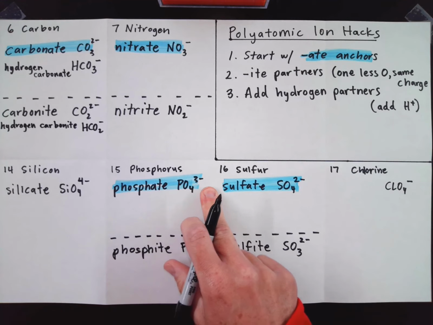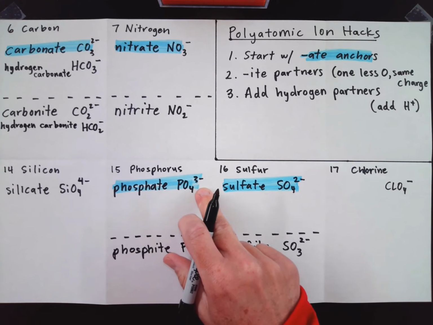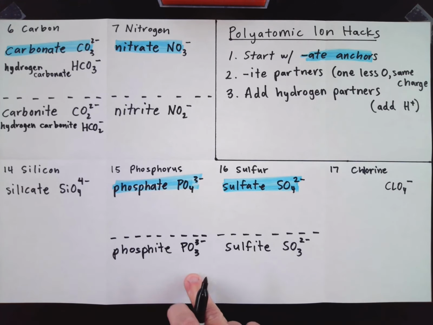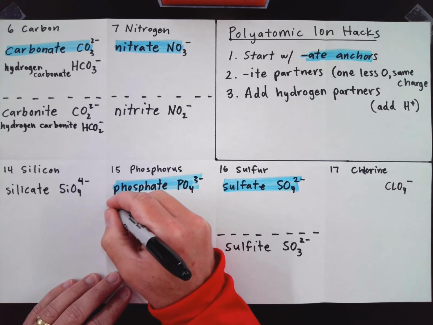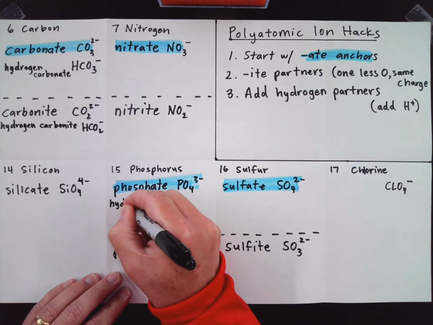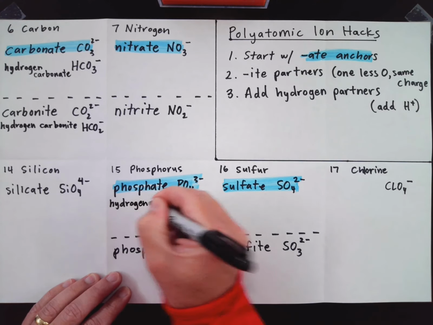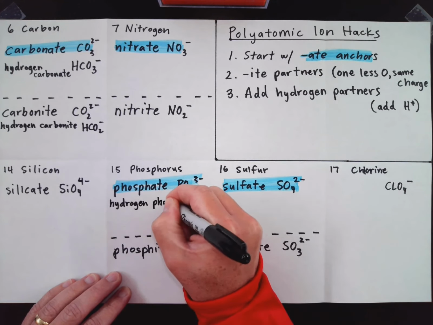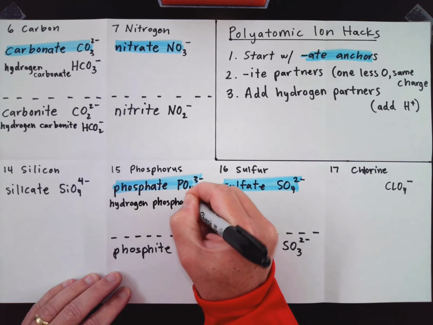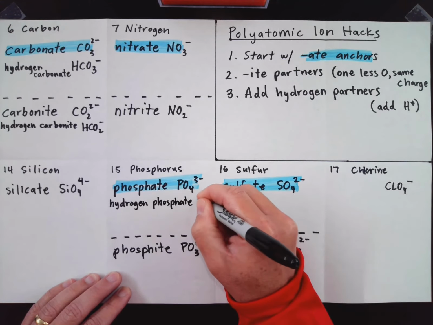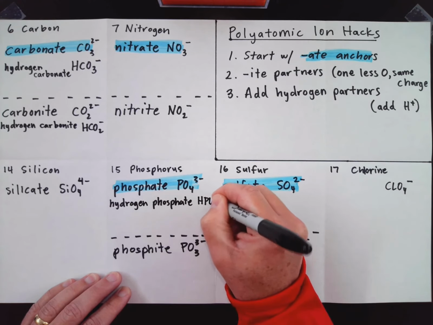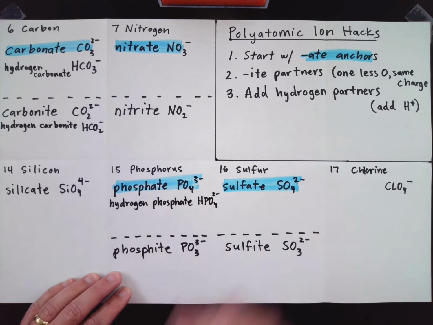Phosphate is going to require me to be able to add 2 hydrogens to it. Okay, so hydrogen phosphate is HPO4 2- charge.